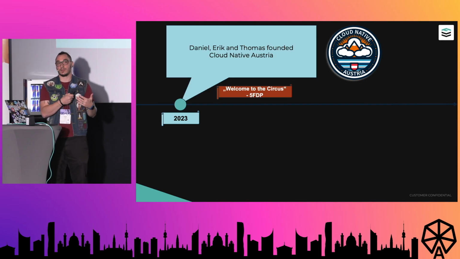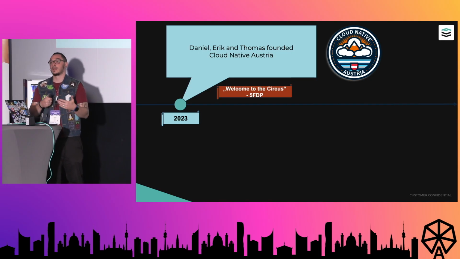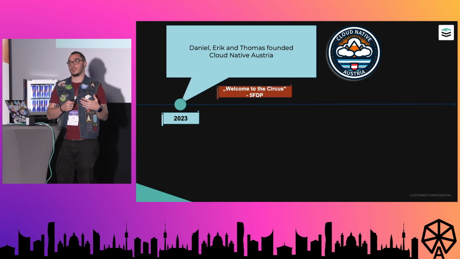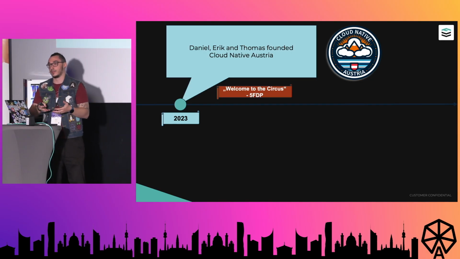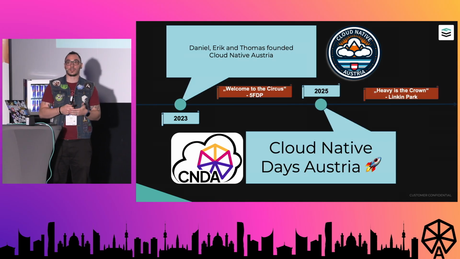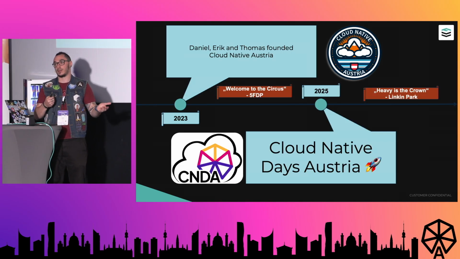So we are actually able to host such big events and to also foster the community by raising funds and putting it back to the community to fund local meetups and educational purposes. So we are actively trying to give back to the community in Austria. And this is pretty much how we got here in a nutshell at the Cloud Native Days Austria 2025.